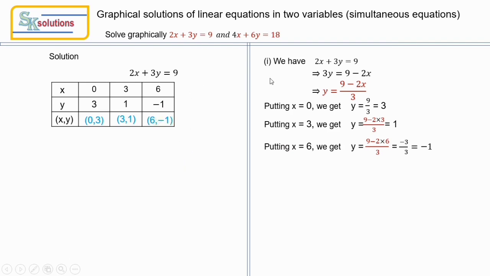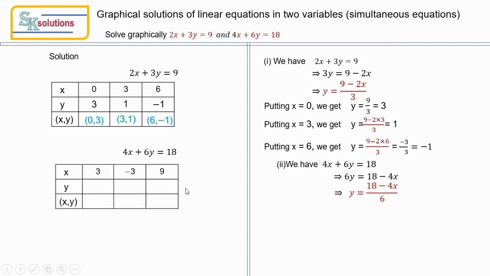Okay. Now we'll take the second equation, 4x + 6y = 18. So we will write this equation as 6y = 18 - 4x, or y = (18 - 4x)/6. Okay. Again, let us make the table, complete the table by taking the values of x as 3, -3 and 9.